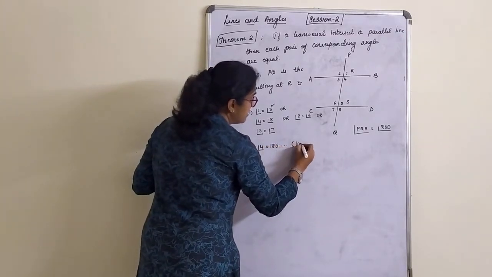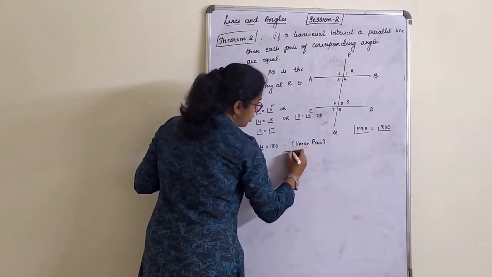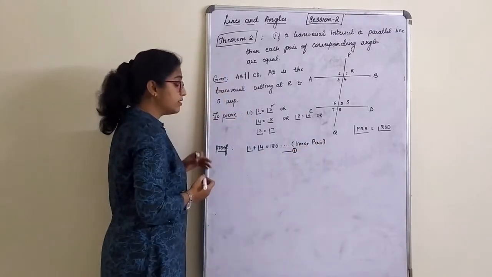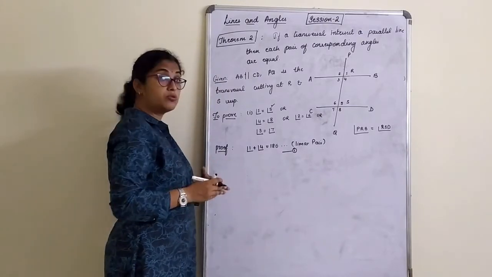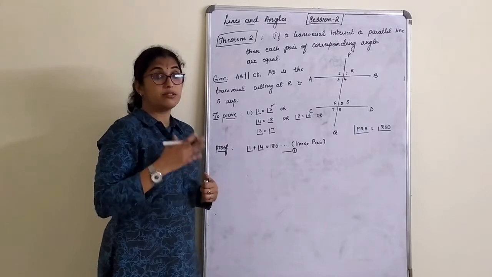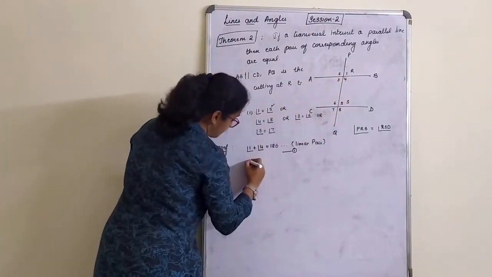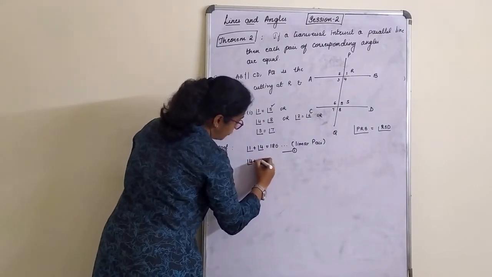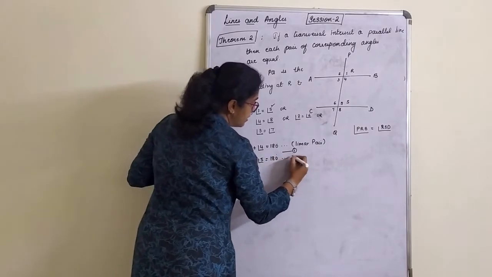Reason? Linear pair. Equation 1. Now, with respect to the linear pair adjacent angle what I have chosen, I will choose one co-interior angles on the same side of the transversal, that is 4 and 5. Angle 4 plus angle 5 is equal to 180.